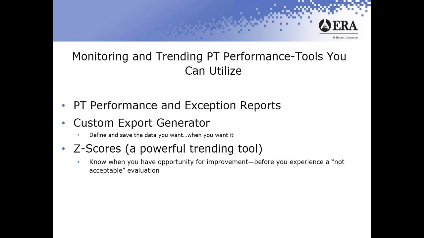Well, the Z-score, as I said earlier, is basically how many standard deviations your result is from the study mean. You plot that with time across multiple studies, you can tell if you're trending in one direction or another, or if you have a bias that's high or low consistently. So it's a powerful tool you can use to help evaluate your performance and predict where your performance might be going forward.